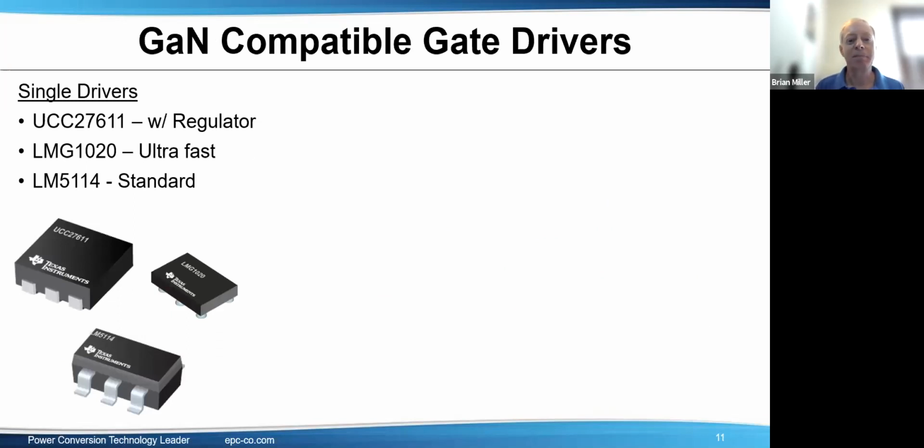Okay, there are several compatible gate drivers for GaN. It's really nice. In the last few years, there have been quite a few additional GaN compatible gate drivers. To go through some of these, first category, single gate drivers. There's one that's been around for a while from TI that includes a regulator, includes an LDO, so you can feed it, I don't know, 12 volts, 10 volts or something, and it'll have a precision 5 volts gate drive.